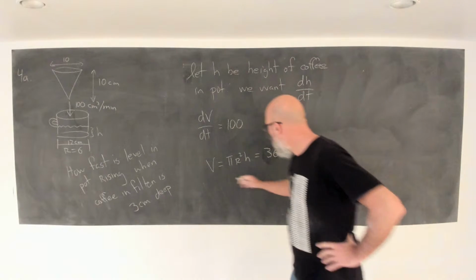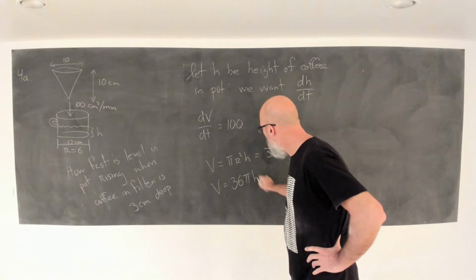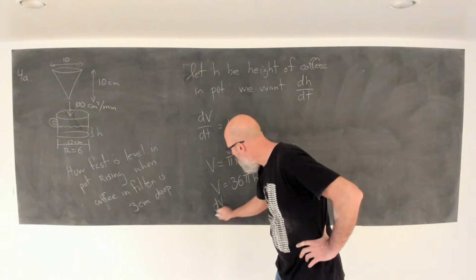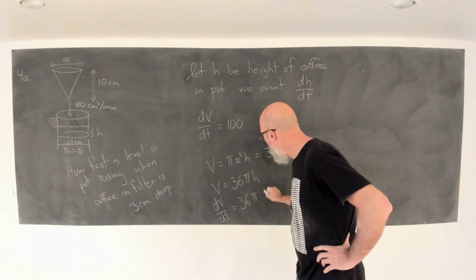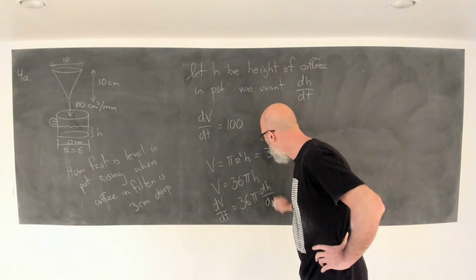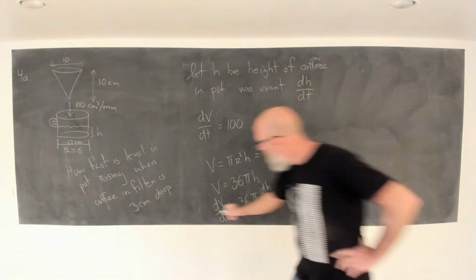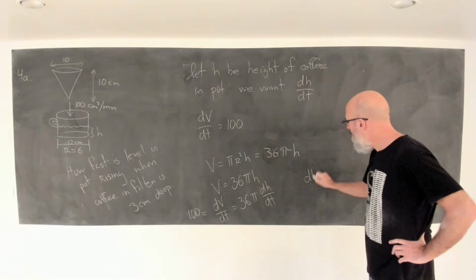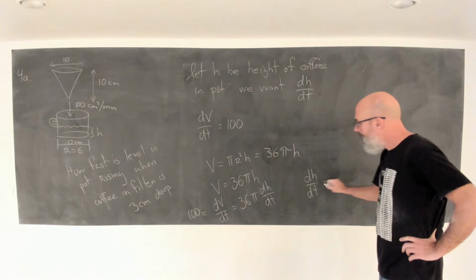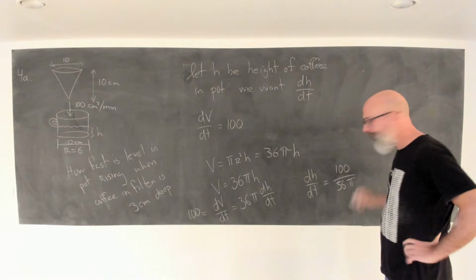So you see, V is 36 pi h, and if you differentiate both sides with respect to t, you get 36 pi dH/dt. This is what you want, and you have this given as 100. So dH/dt is 100 over 36 pi.